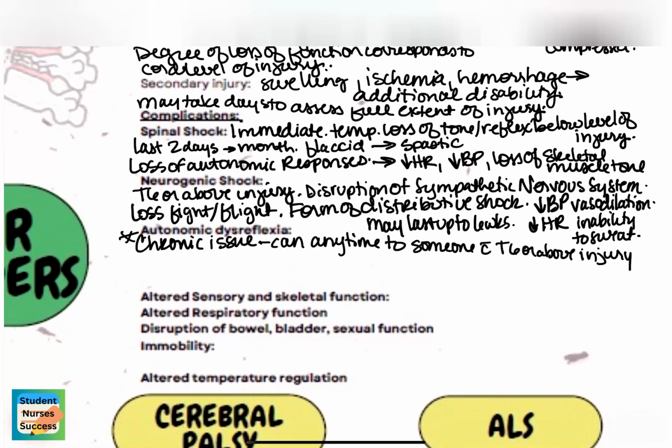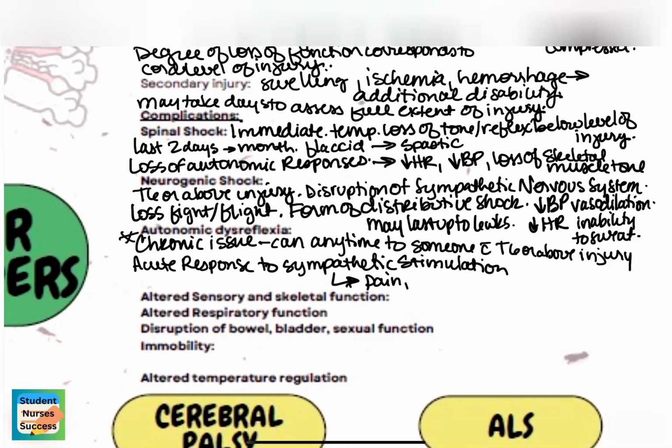And although it's a chronic issue, it's an acute, quick onset response to some type of sympathetic stimulation. That sympathetic stimulation is usually something like pain, or a full bowel or bladder.